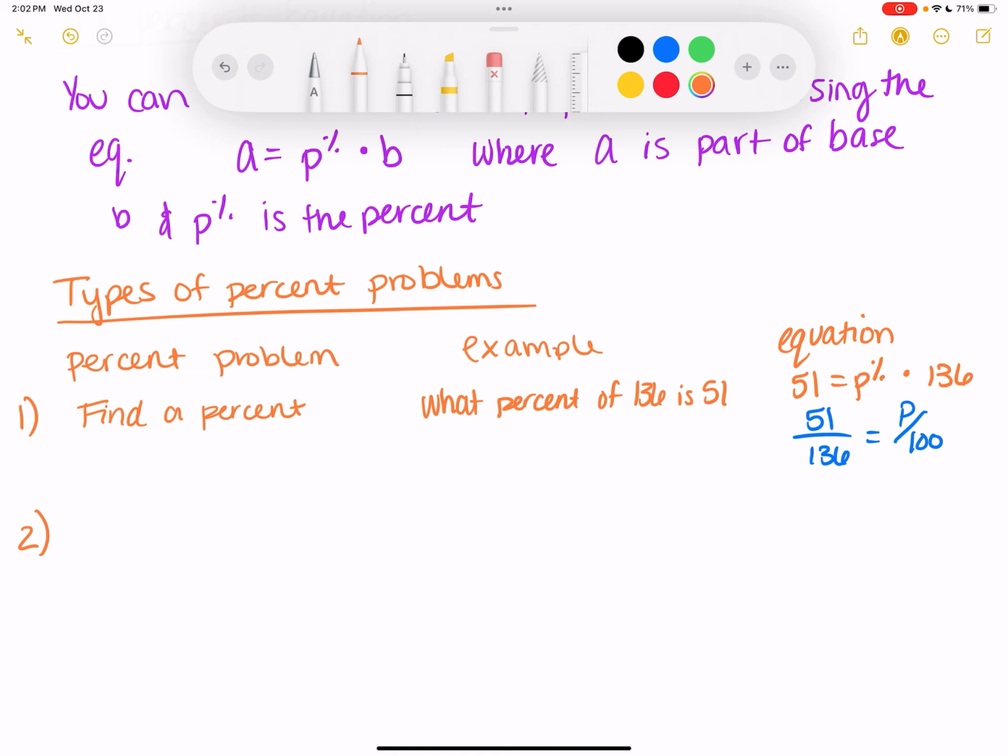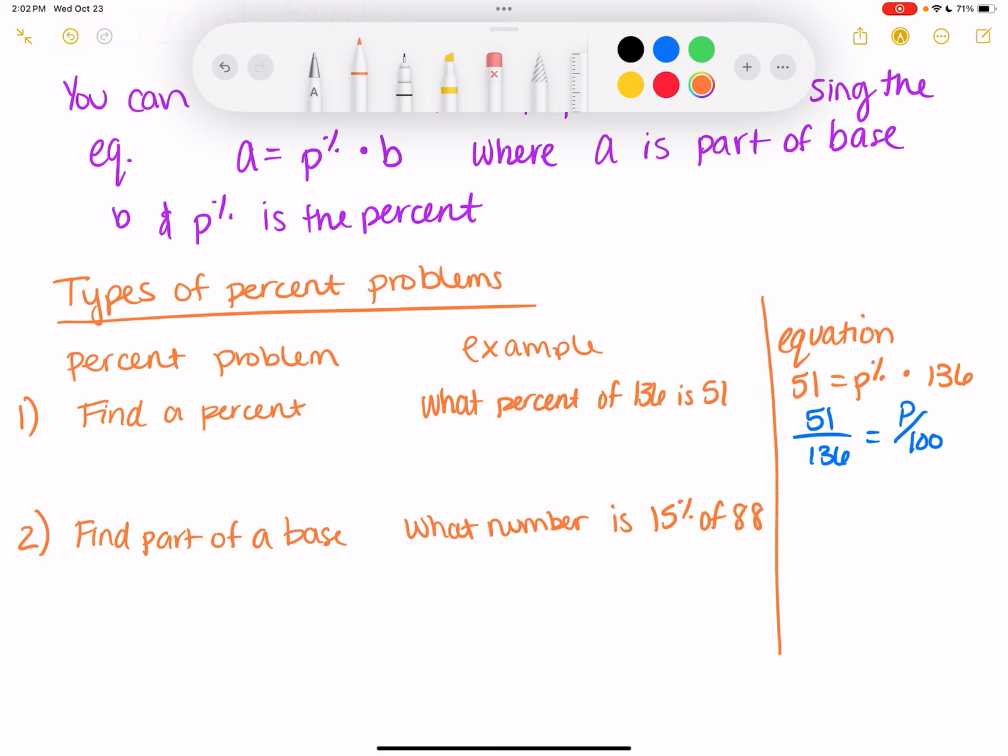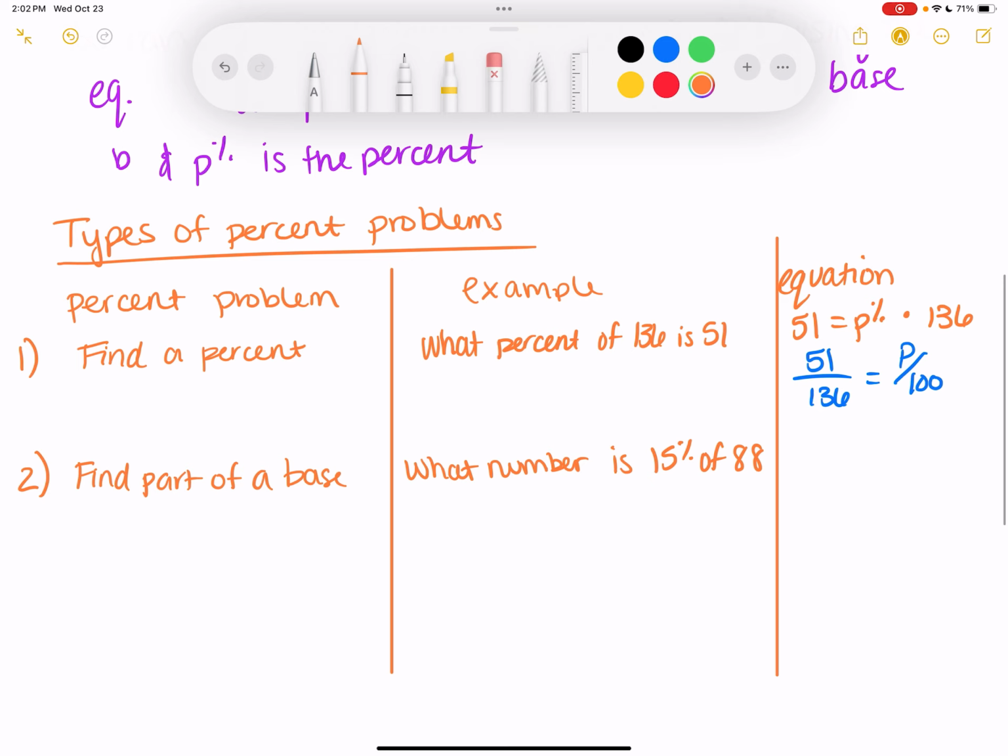The next one, find part of a base. This would be something like, what number is 15% of 88? I'll try to draw these little columns so we can actually see what's happening. So the equation that would go with this would be A equals 15% of 88, so times 88.